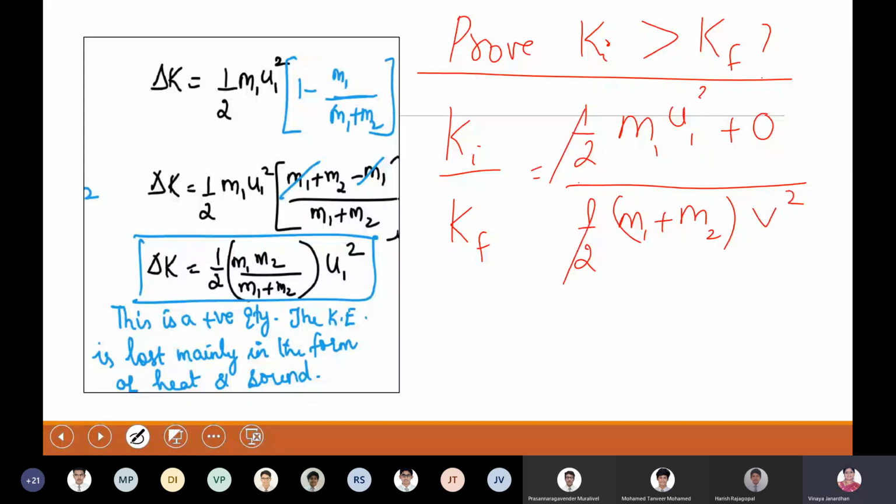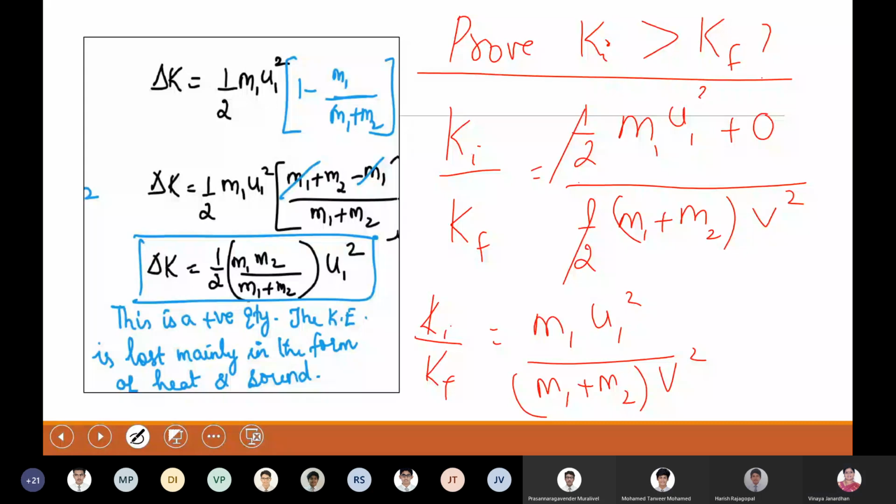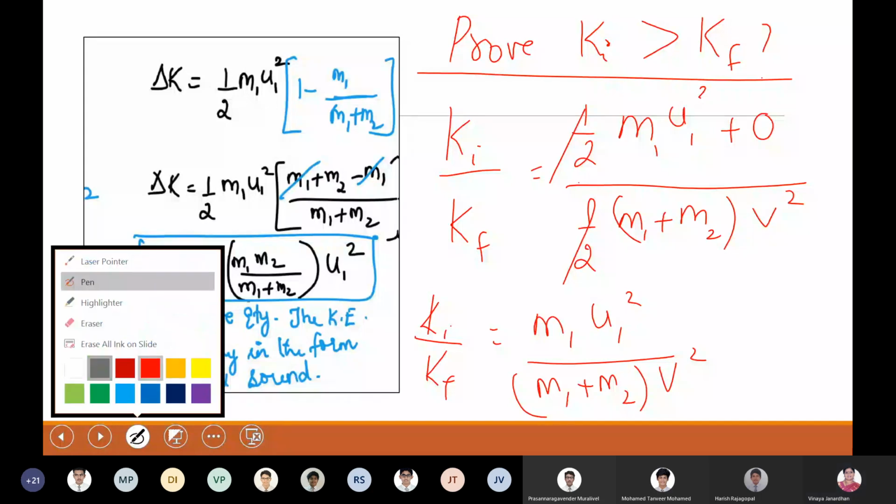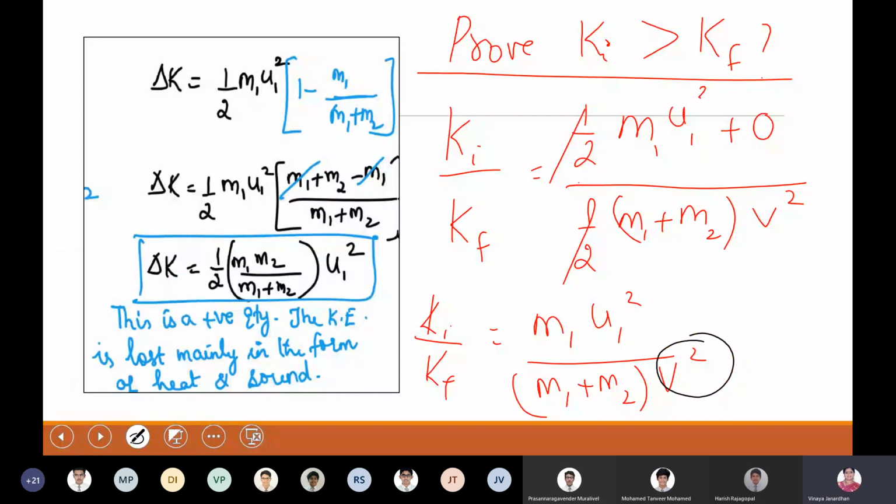So Ki by Kf will be equal to m1 u1 squared divided by m1 plus m2 into v squared. Now you have to substitute for v.